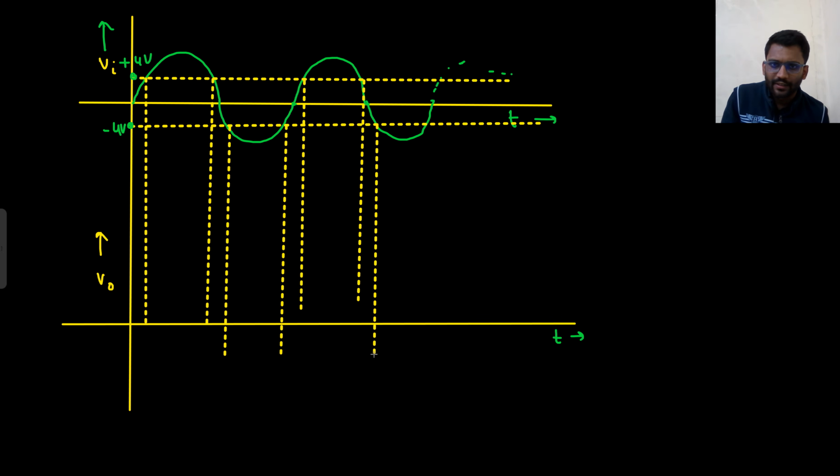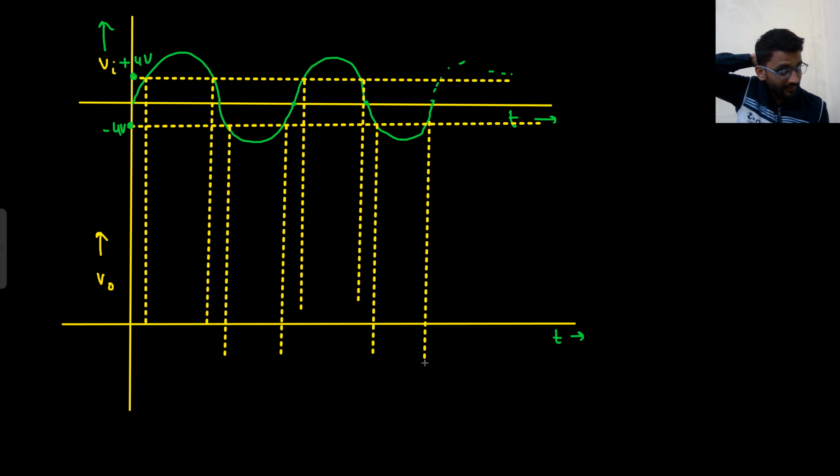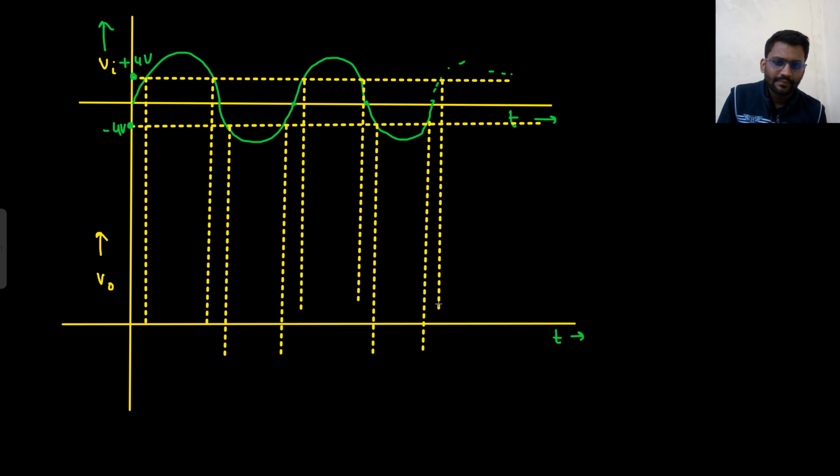Just drawing the graph, nothing else. Yeah, so in between it will follow the input, and above 4 volt it will be 4 volt only, right?